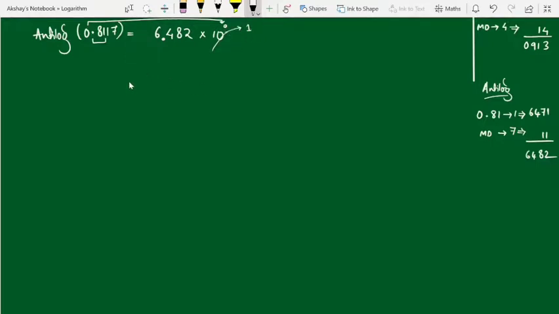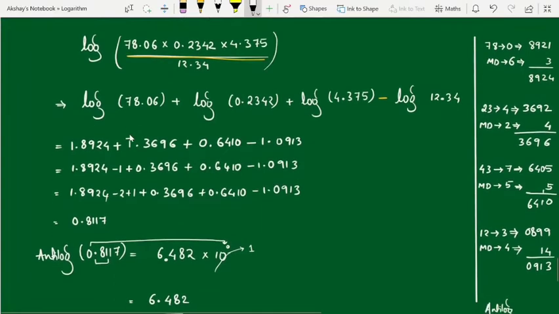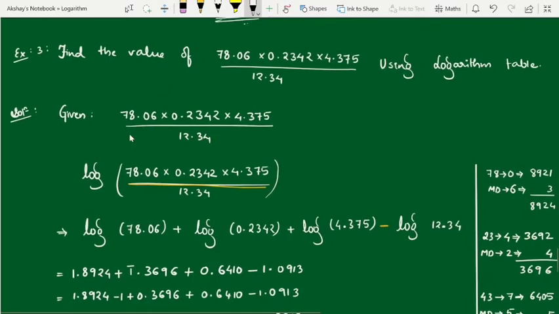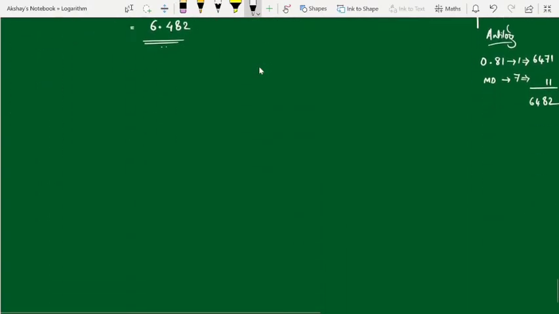So finally what we can write? Final answer 6.482. So that given number 78.06, the number they had given in the question, if you solve this complete part using a calculator you are going to get the value of 6.482 finally. Clear? So are you following completely? Shall we go for one more example?